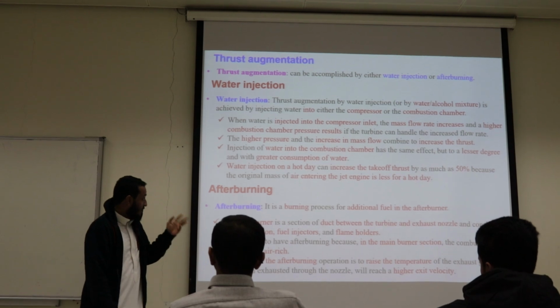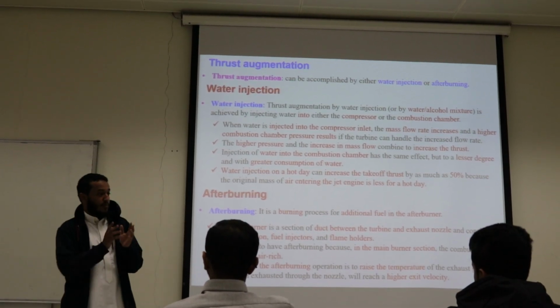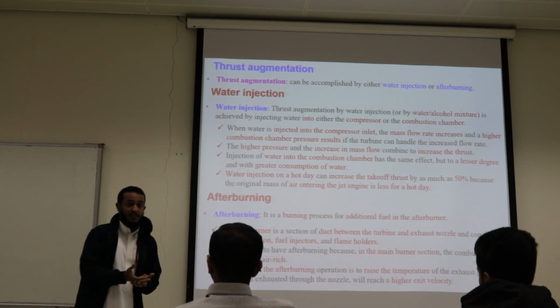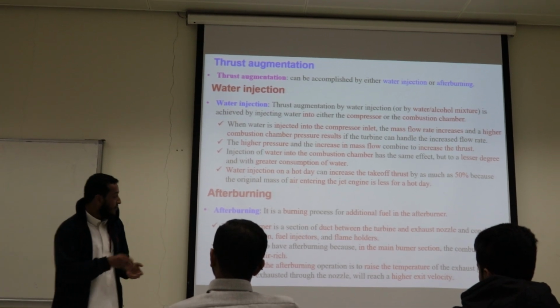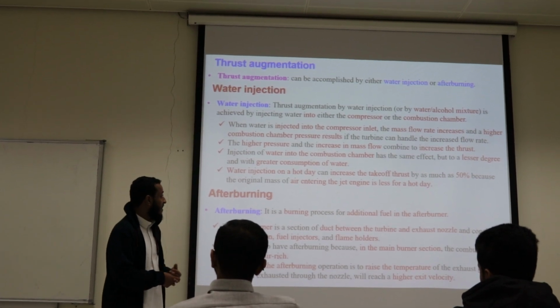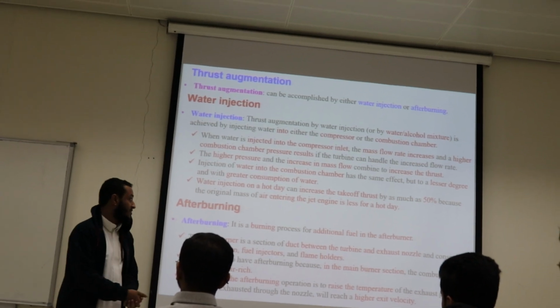We do it by injecting water in the compressor chamber. By injecting water in the compressor chamber, we increase the flow rate, and by doing that we also increase the pressure inside the compression chamber.